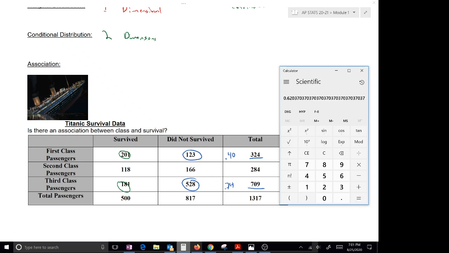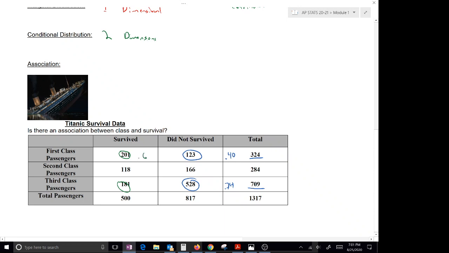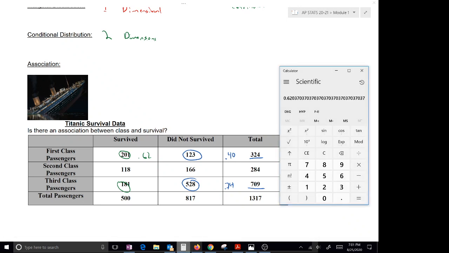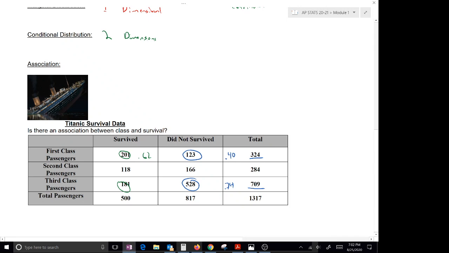So we got approximately 62. Okay, I did do that wrong. I was typing the wrong number, so that these two needed to add up to 100. Something didn't look right. Sorry, that was 38% survival rate.